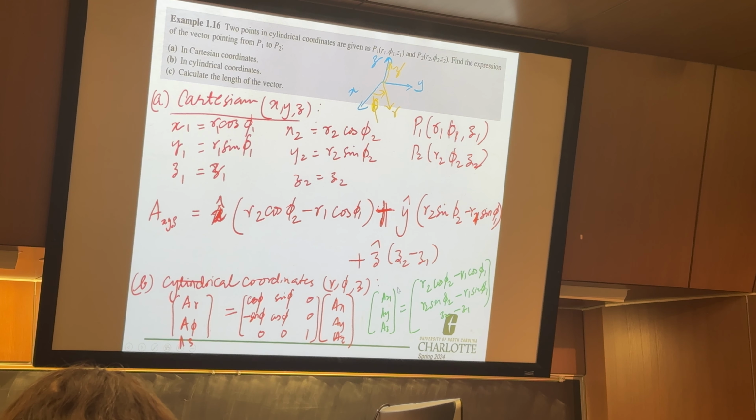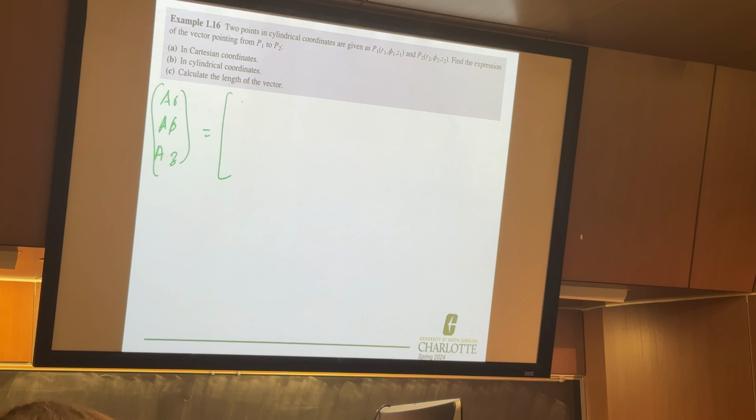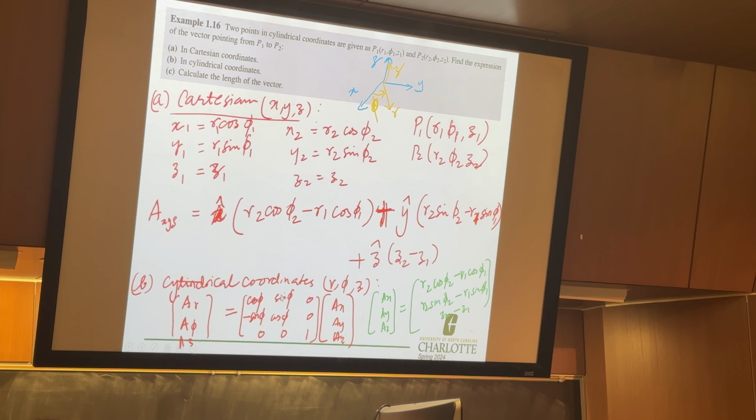So that would be cosine phi times R2 cosine phi2 minus R1 cosine phi1, then plus sine phi multiplied by the second row of that A xyz vector, plus sine phi multiplied by R2 sine phi2 minus R1 sine phi1.